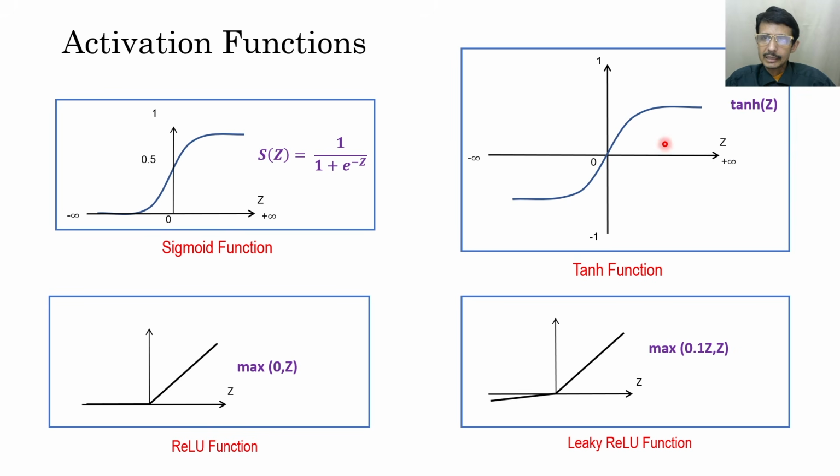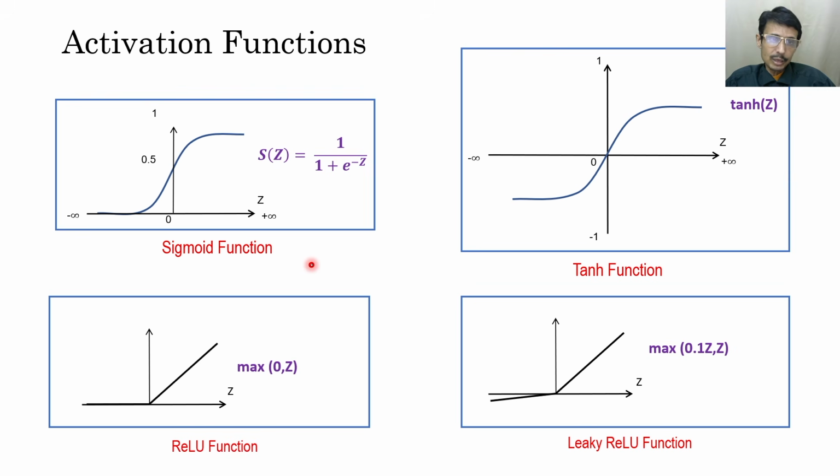And leaky ReLU, which when z is greater than 0 is more or less the same as ReLU, but when less than 0 has some very small values. So these are the four variants.